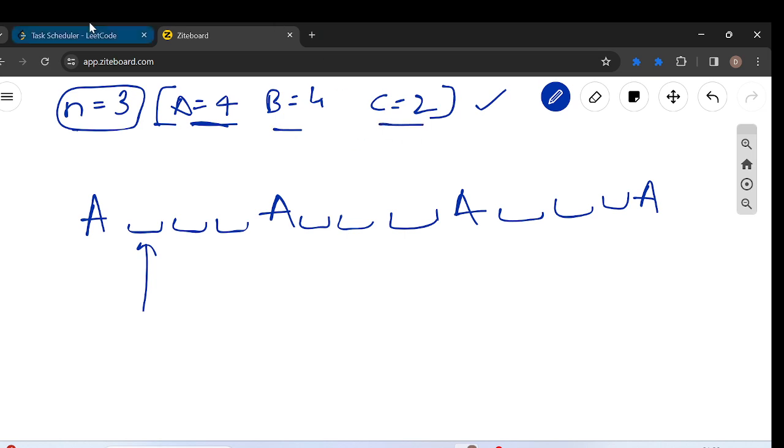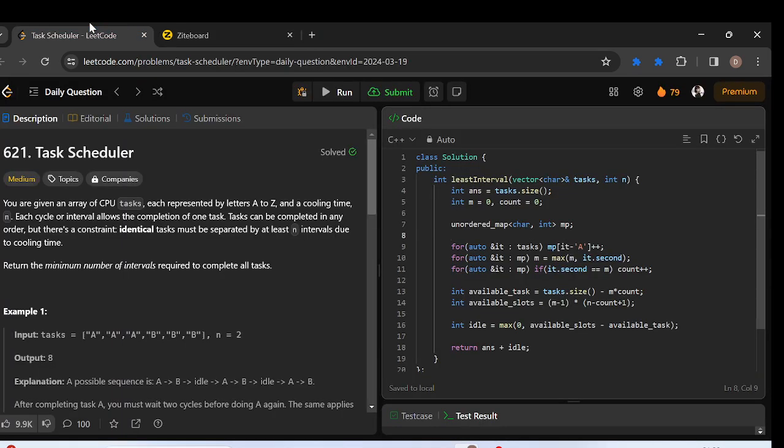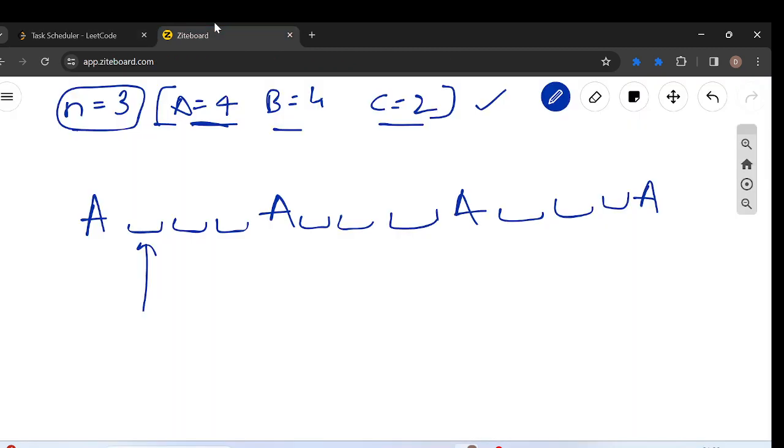We have to return the minimum number of intervals required, so we have to find the minimum number of idle times we should have, since there are other tasks also. If we can find the minimum idle time, we can find the minimum total time, which is the answer.